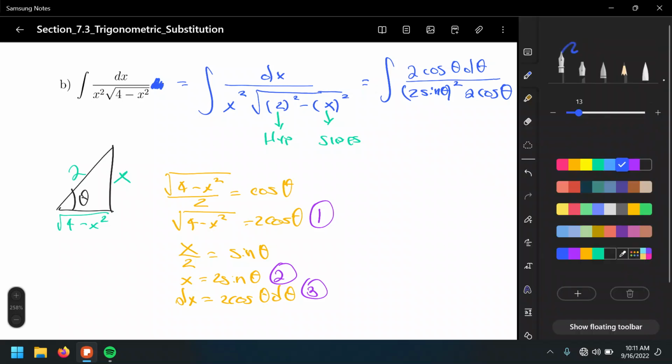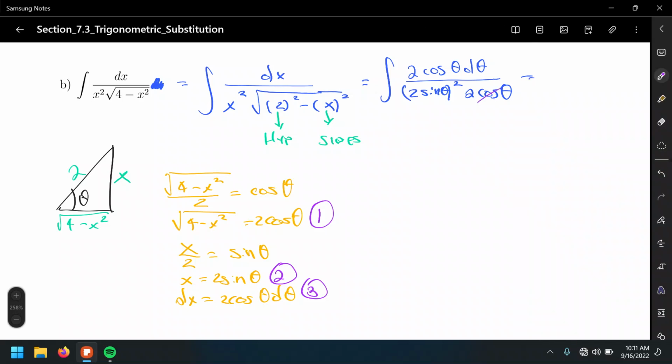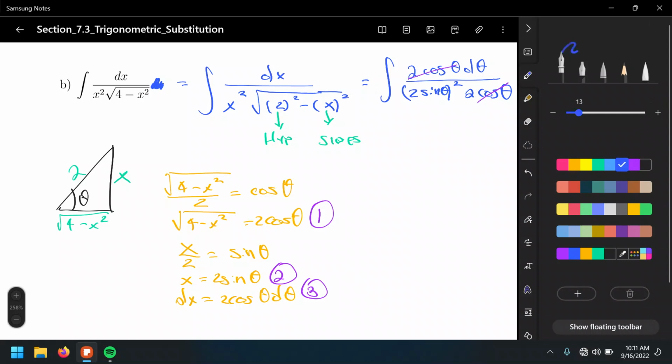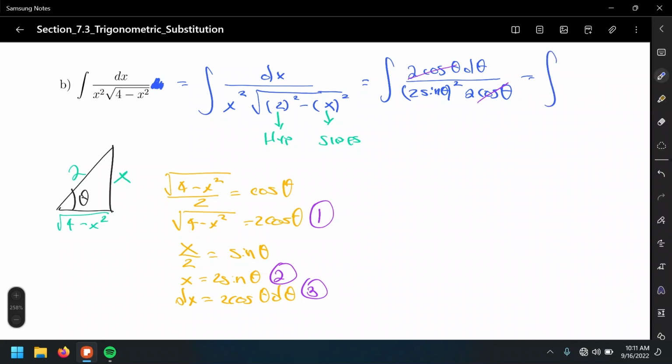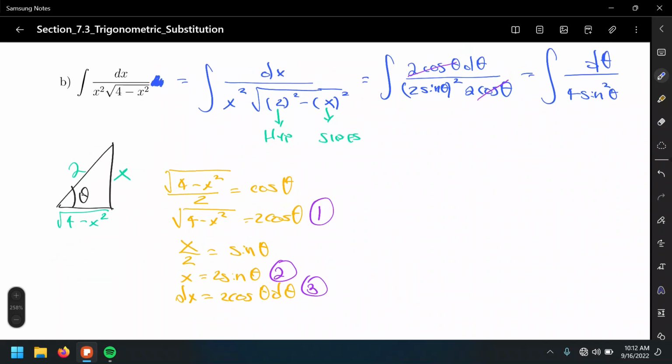You'll see, like in this case, the 2 cosine cancels with the 2 cosine, and that leaves us with the integral of, okay, careful here, we need to square the quantity 2 sine. We square the 2, which is a 4, we square the sine, that's sine squared, and the d theta in the numerator. And trust me, this will be a very, very simple integral to compute.